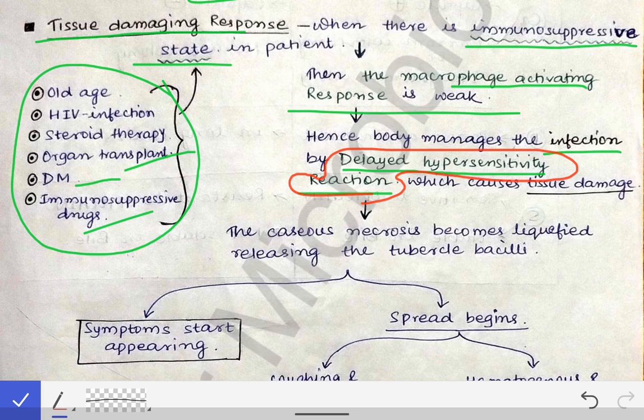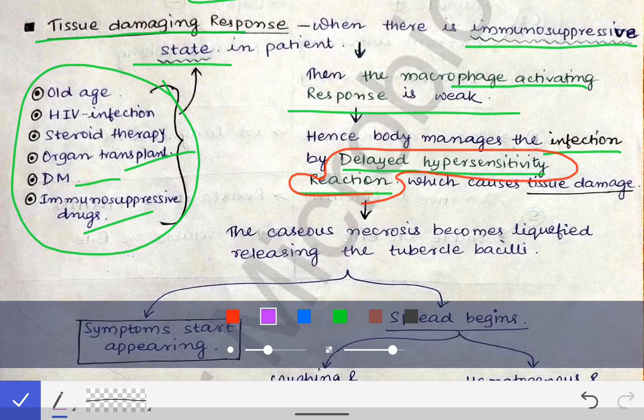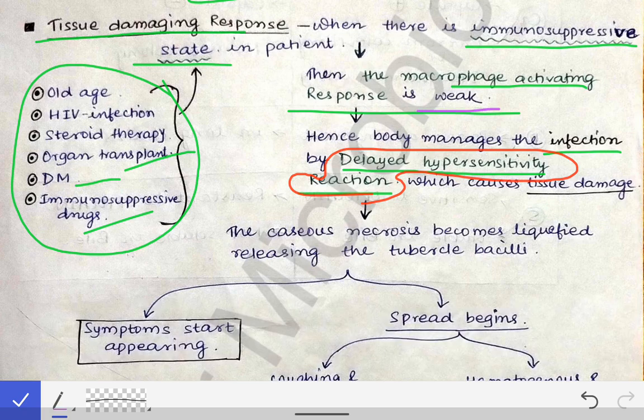immunity lectures. Since this macrophage activating response is weak and not able to prevent this tuberculosis infection, the body is now responding with a different mechanism, that is delayed hypersensitivity reaction.